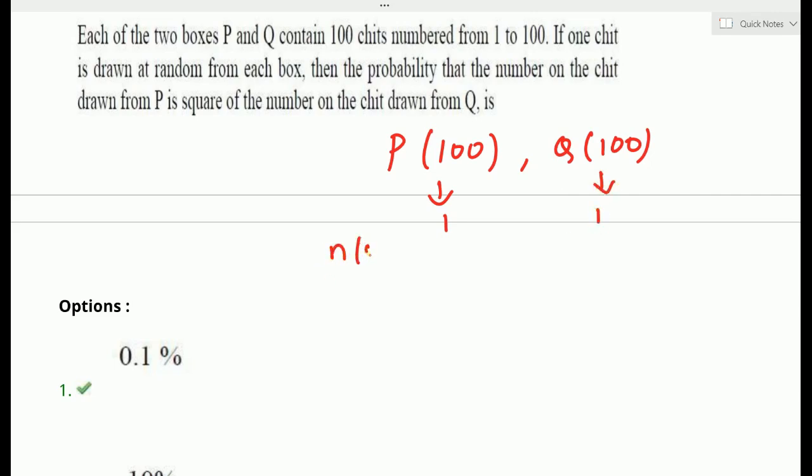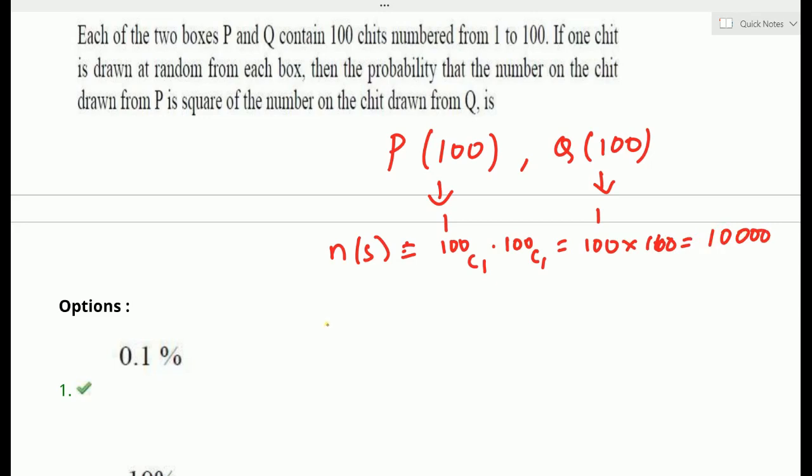What is the total number of possible events? Selection is 100 C1 from the first box and 100 C1 from the second box. This is 100 into 100. Total possible cases here are 10,000. Keep this as n of S.